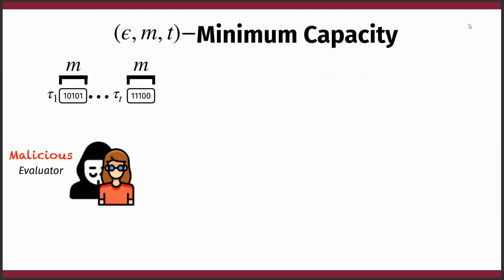So suppose we have an evaluator that has access to τ1, ..., τt strings, and each of these strings is of size m. The correct way to interpret this is that each τ is information encoded in the memory that you can read, interpret, and use to perform a correct computation. In this definition, the τs are pre-computed by looking at the function.